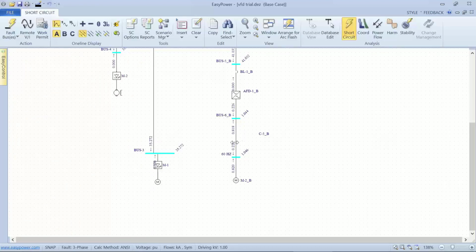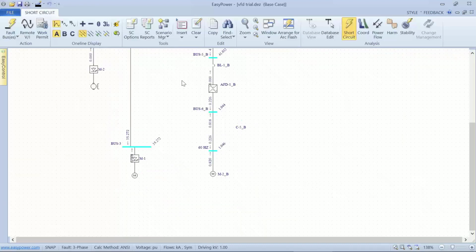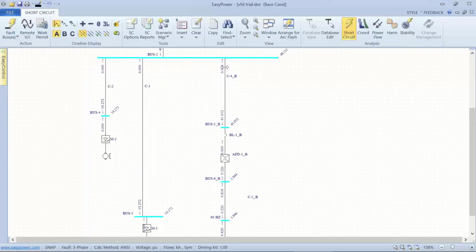And again, in the short circuit focus, the VFD setup for non-regen will have zero contribution. Downstream of the VFD, between the VFD and the motor itself, there will be motor contribution during an arcing fault or a fault, but there won't be anything upstream of the VFD controller.